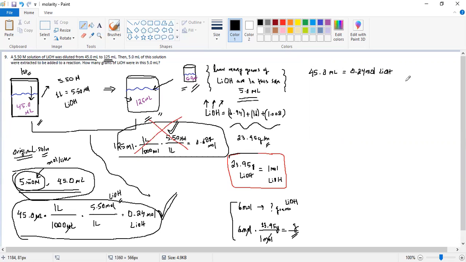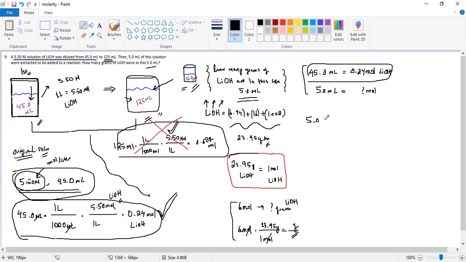That's a relationship we've established by what we've explained down here. And then you could think, okay, I want to know how many moles are in 5.0 milliliters, right? I mean, that was the goal. And then you might use this conversion factor, and apply it here.